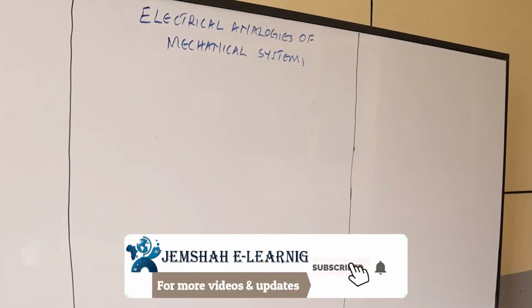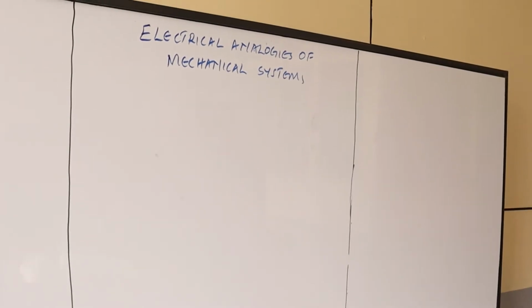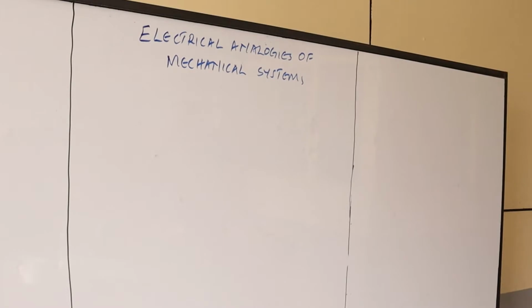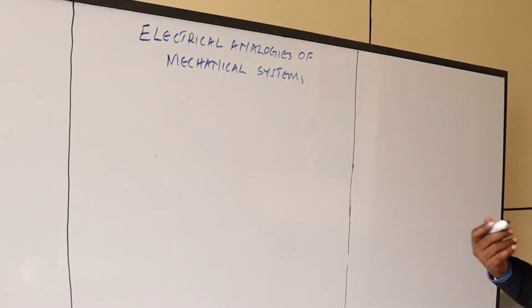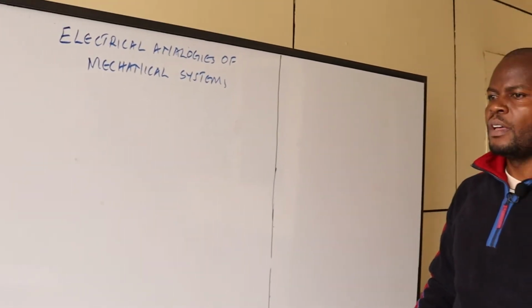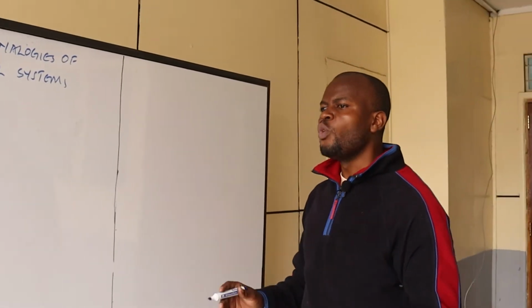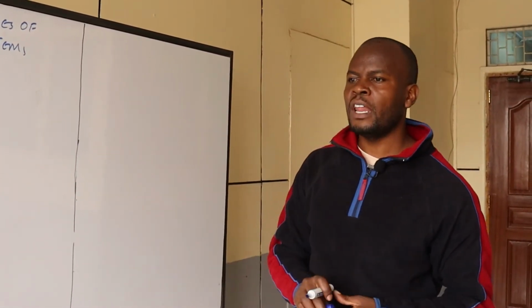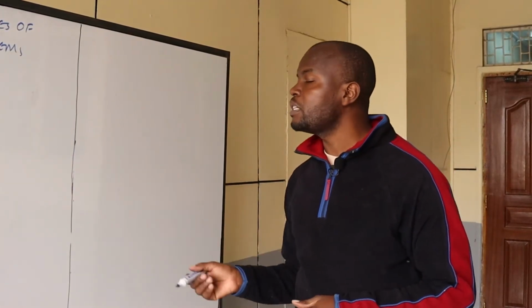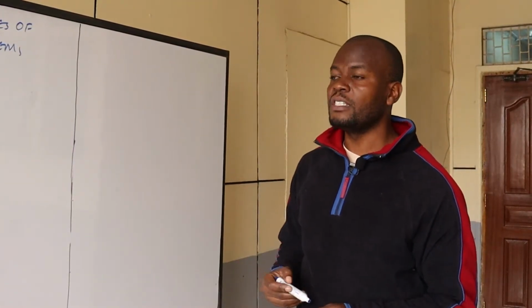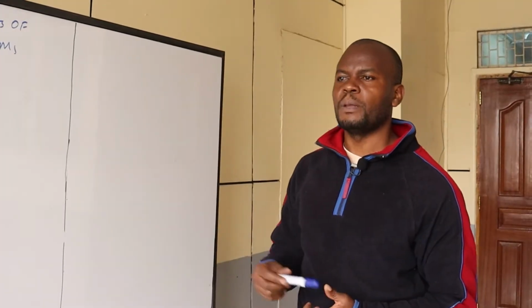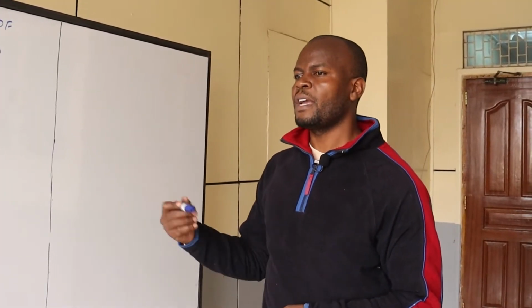We usually have the force voltage analogy and also the force current analogy. When you talk of electrical systems, the current in electrical systems represents the force in mechanical systems, or in a situation whereby the voltage in electrical systems represents force in mechanical systems.